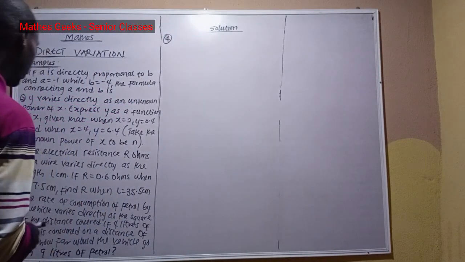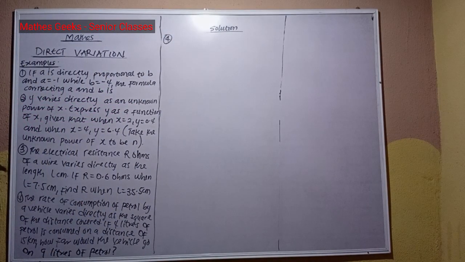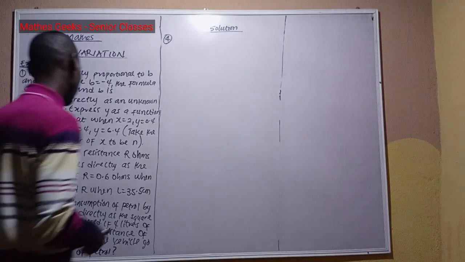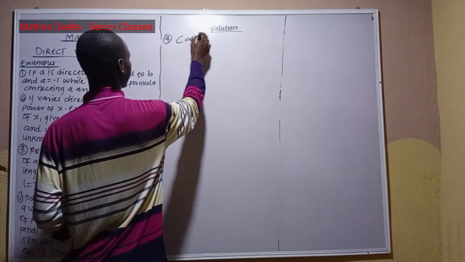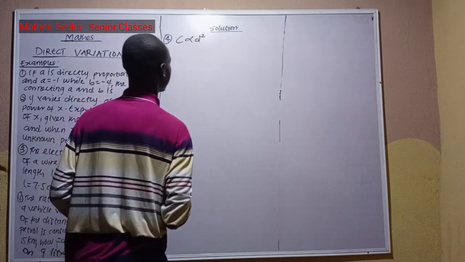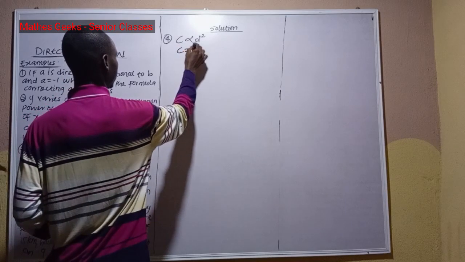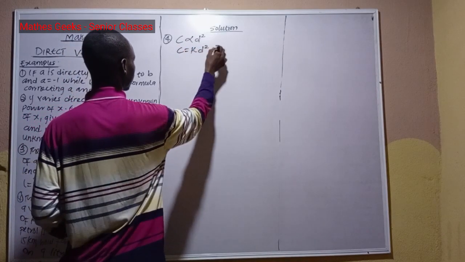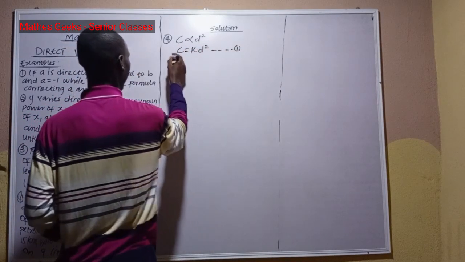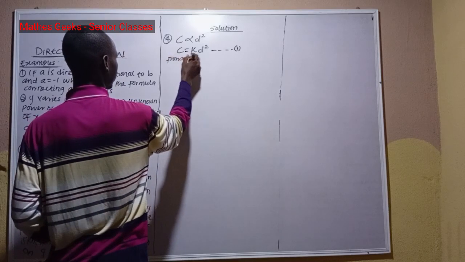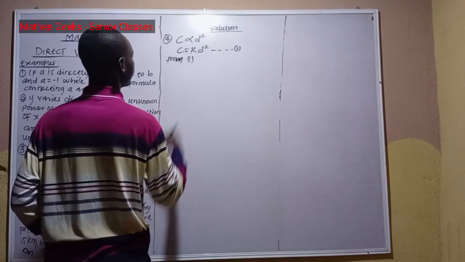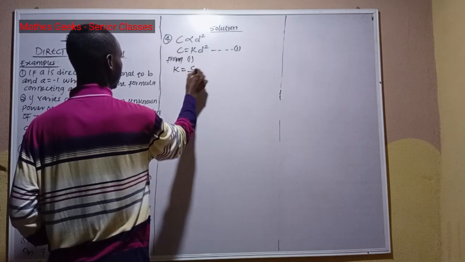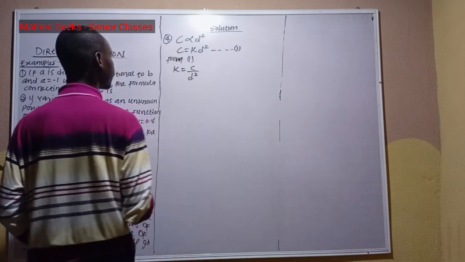The rate of consumption of petrol by a vehicle varies directly as the square of the distance covered. So let's represent the rate of consumption by C, which varies as the square of the distance covered. So C is equal to k D squared, expression 1. So from 1, k is equal to C over D squared.